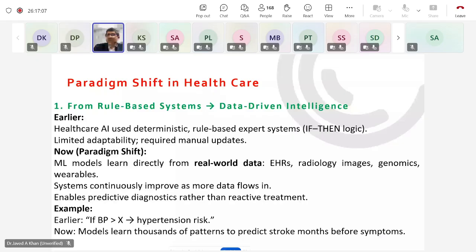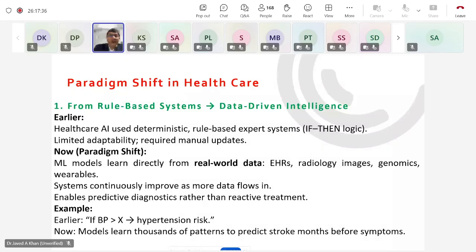After discussing these things, let us see what the paradigm shifts in healthcare are. The first shift is from rule-based systems to data-driven intelligence. Earlier, healthcare AI used deterministic rule-based expert systems with if-then logic. Limited adaptability was there, and manual updates were required.